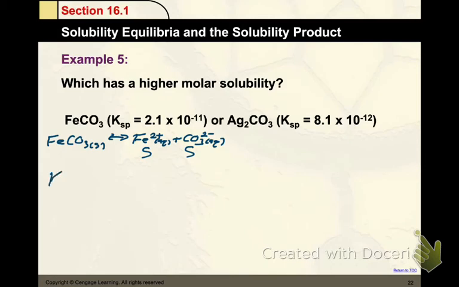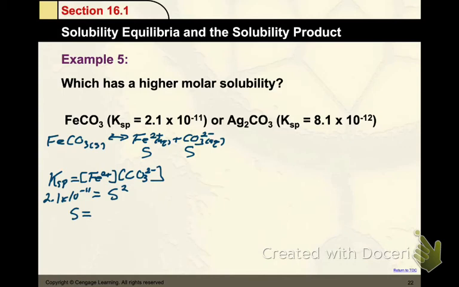So when we do the KSP of Fe2+ times CO3 2-, we essentially have 2.1 times 10 to the minus 11 equals S times S, or S squared.